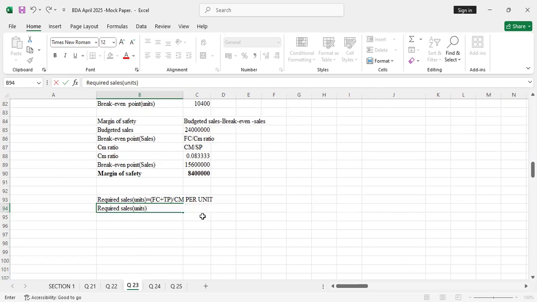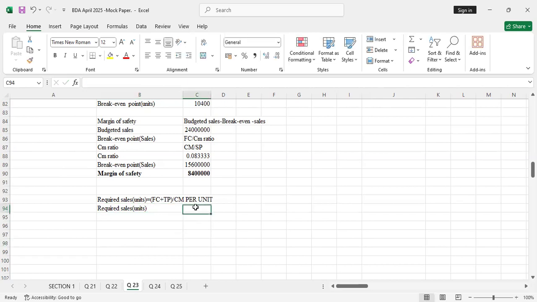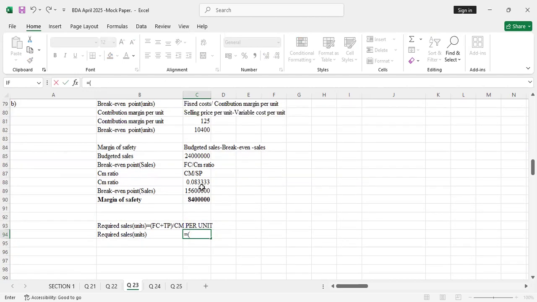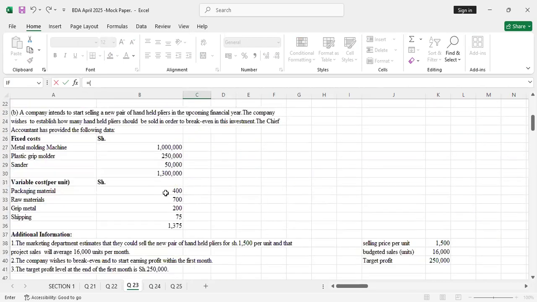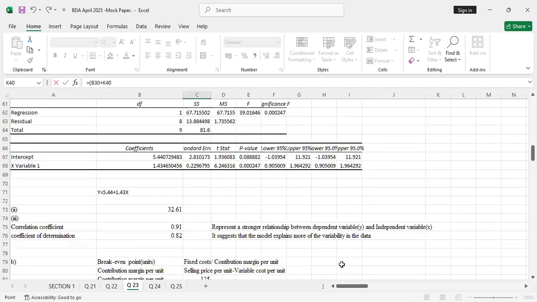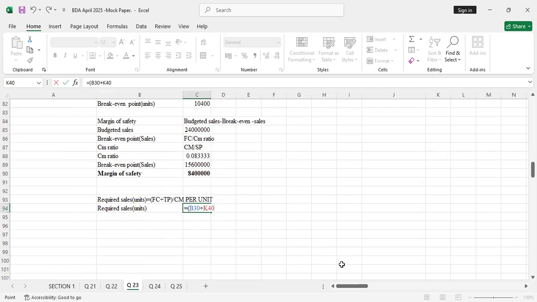Let me delete that formula so I can work it here. Our fixed cost is there, so the required sales in units equals, in brackets, fixed cost plus target profit. The target profit is here, 250. Then you close the bracket.